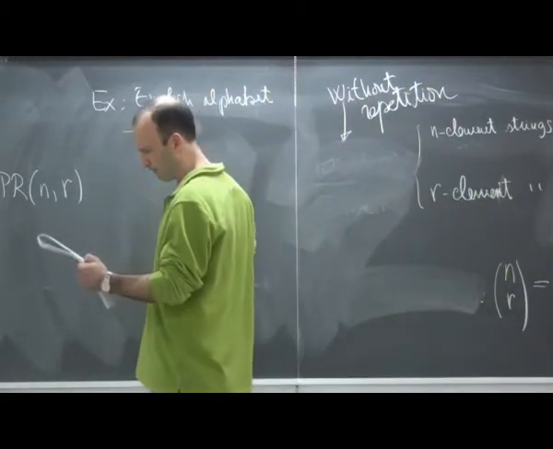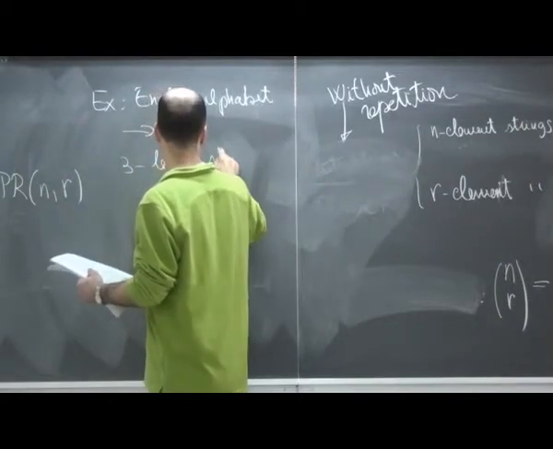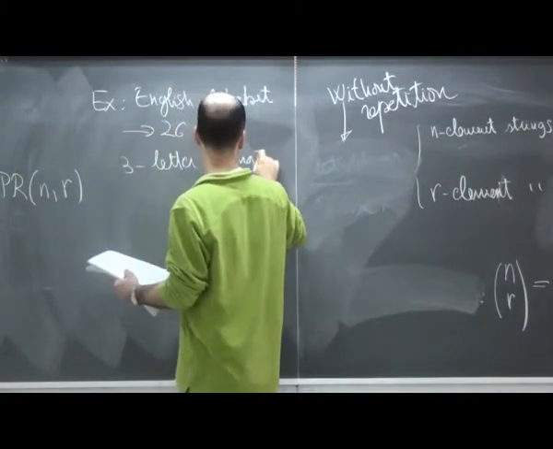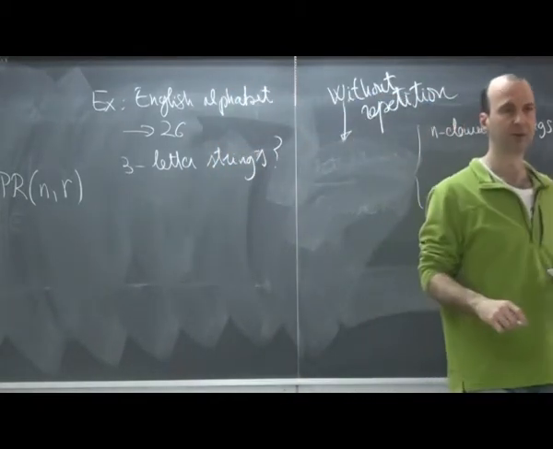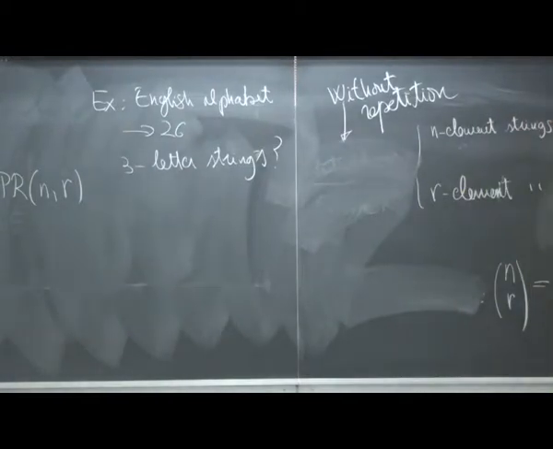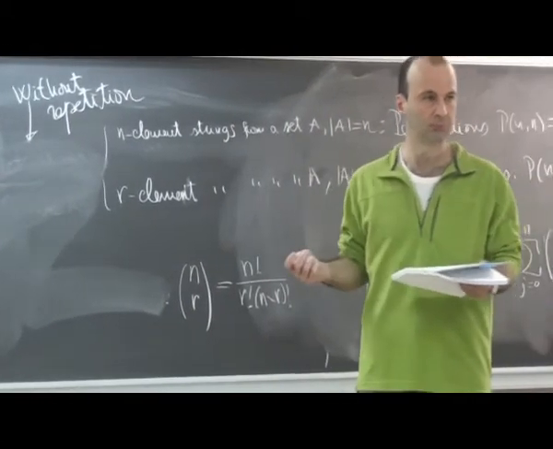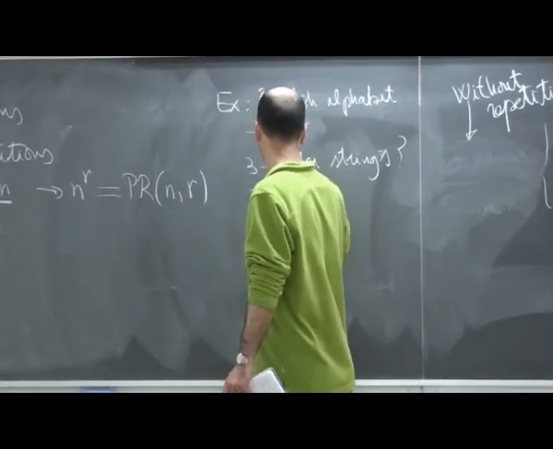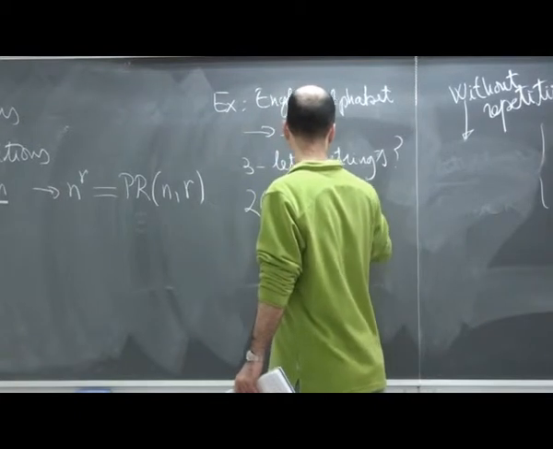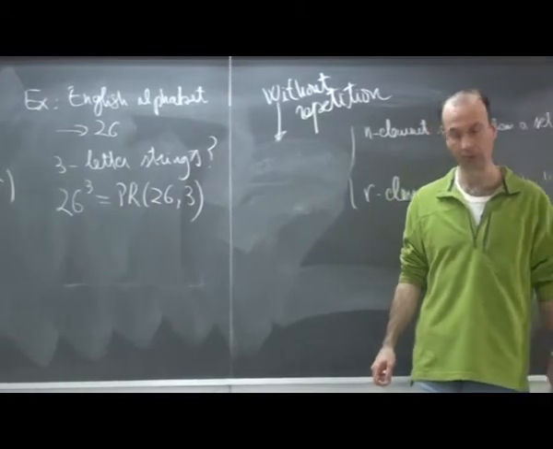So, how many three-letter strings can be formed? Yeah, 26 to the third. Right?